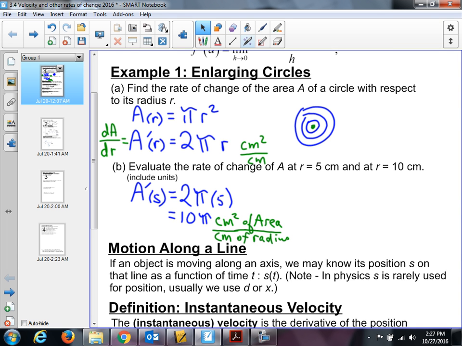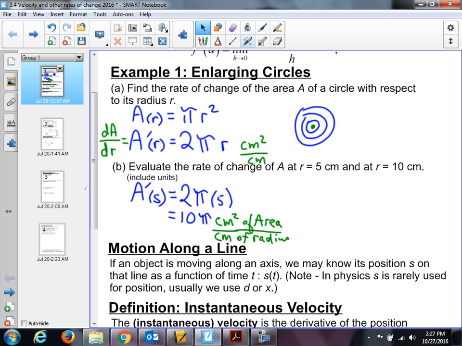So when you have a 5 centimeter radius, so it'd be 10 in diameter, circle like I'm holding up with my hands, at that moment the area is growing at a rate of 10 pi units of area. That's what that's telling you.